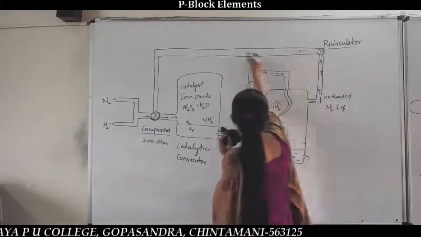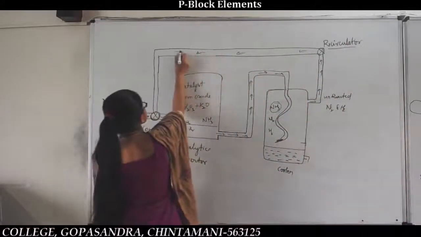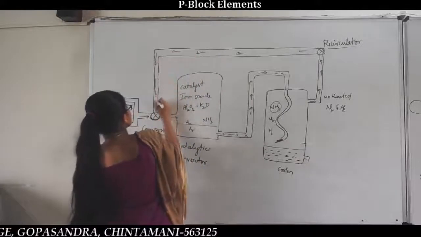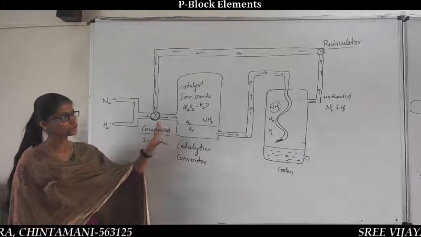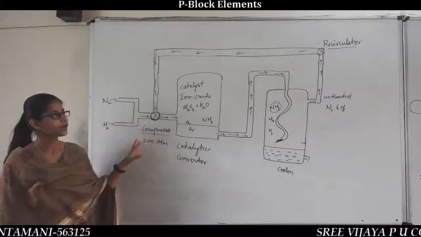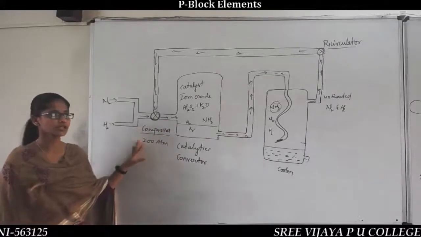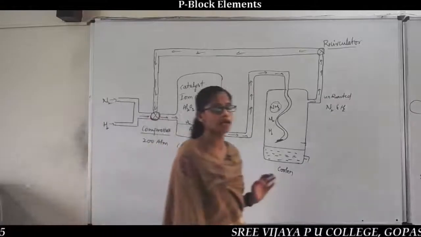Then the unreacted nitrogen and hydrogen again come back to the compressor. So this is the flow chart, the representation of the formation of ammonia by the Haber process.